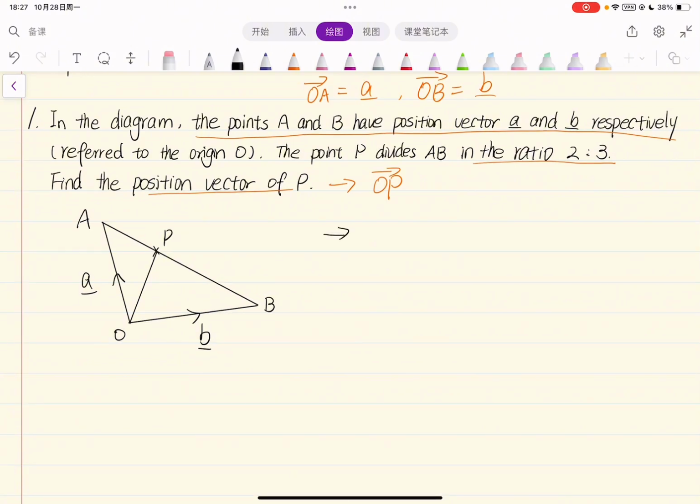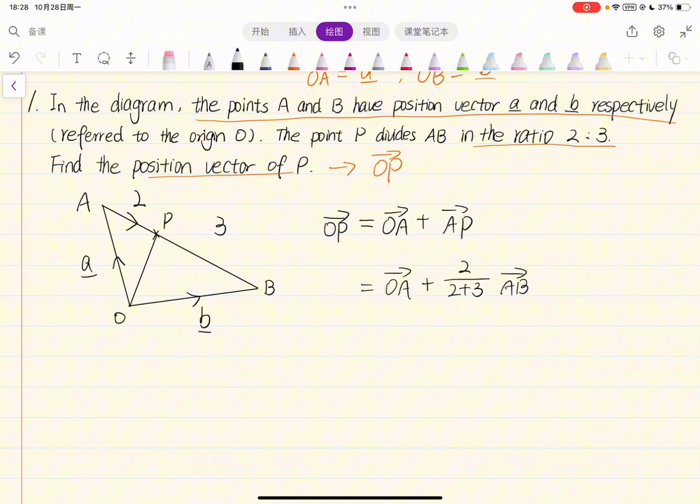In this triangle, you can see that the vector OP equals the vector OA plus the vector AP. As you know that the point P divides AB in the ratio 2 to 3, we can write down that the vector OP equals the vector OA plus 2 over 2 plus 3 times the vector AB, which equals the vector OA plus 2 over 5 the vector AB.